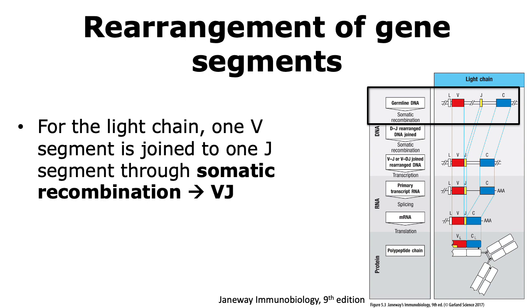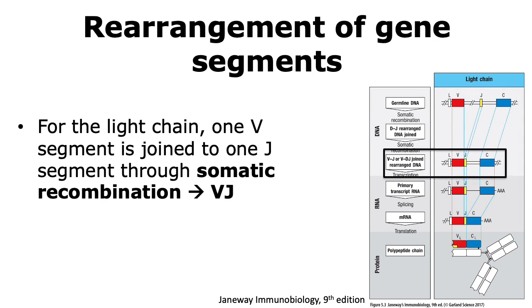So when we look at the germline DNA and look at the light chain locus, we know that there are different V gene segments that are present, and there are different J gene segments that are present. Now, during the recombination process, one V gene segment, so any one of the 30 V gene segments, will be chosen and joined to any one of the 4 J gene segments that are present in that light chain locus.